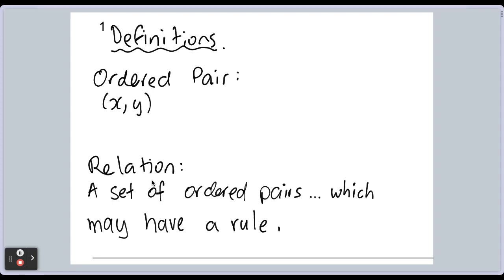A function is a relation such that each x value has only one corresponding y value. And I'm going to explain it to you in a moment, but can you at least write that bit down for me?